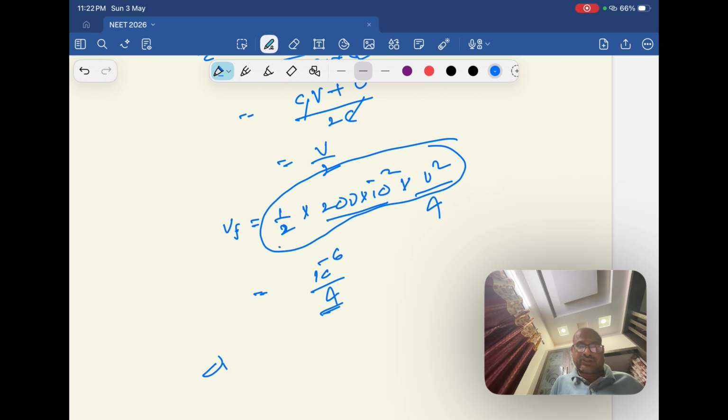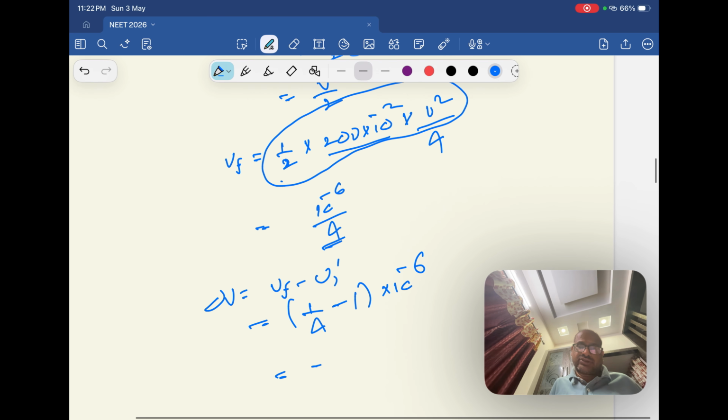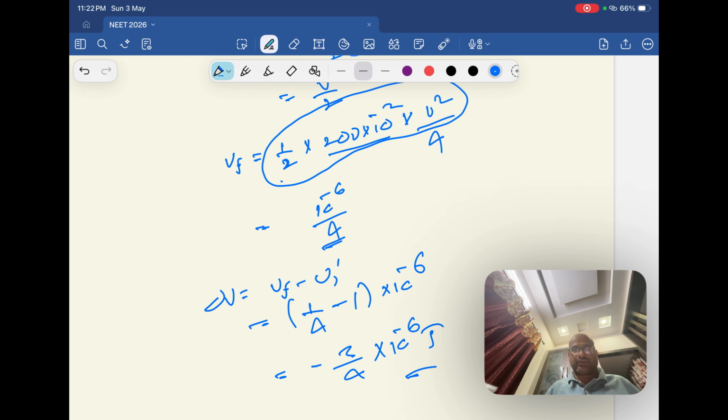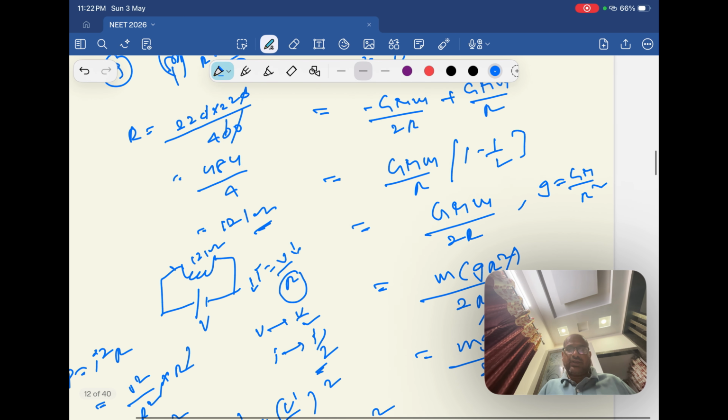So the difference in energy is final energy minus initial; it comes negative, negative indicates loss. So 1 by 4 minus 1, into 10 power minus 6. This is minus 3 by 4 into 10 power minus 6 joules. Okay, you can mark the answer by simplifying.